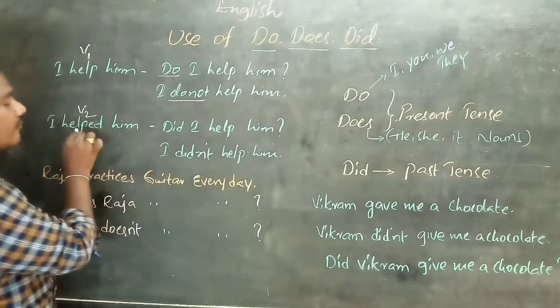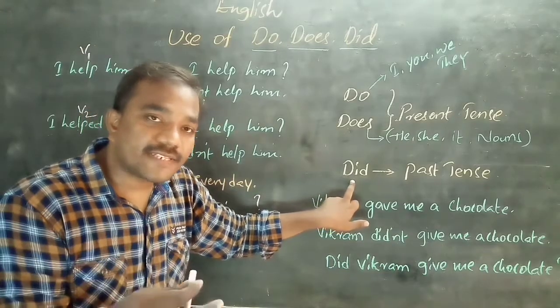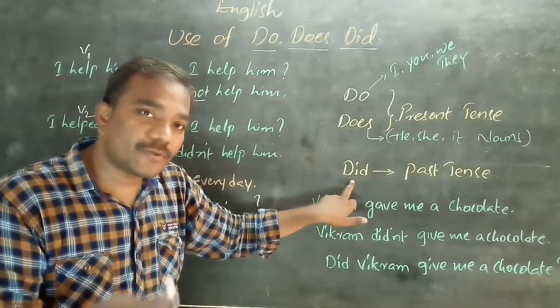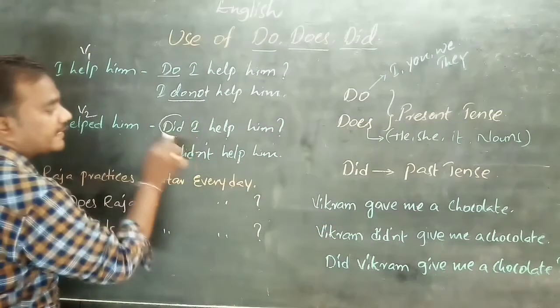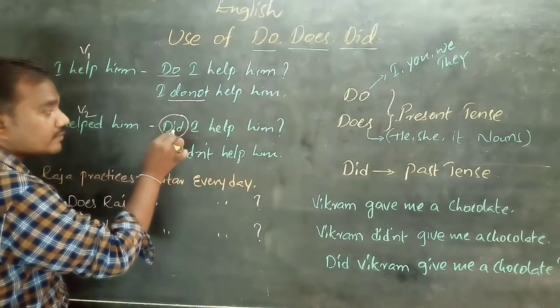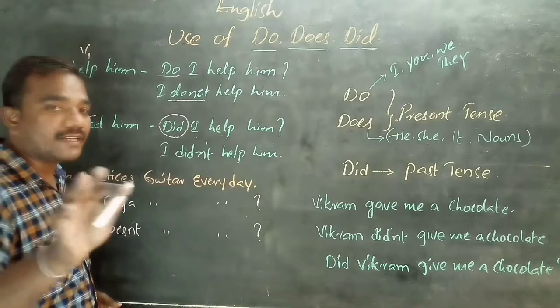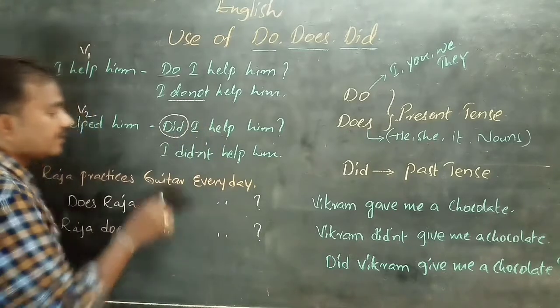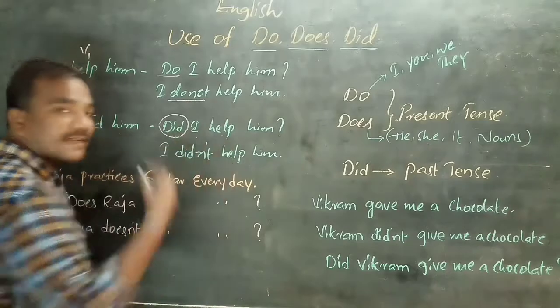So for V2 form, I told you, I need to select did. I helped him. Did I help him? See, when I use the word did, the past is already there, so use only help, but not helped here. And I did not help him. This is interrogation and this is negative.